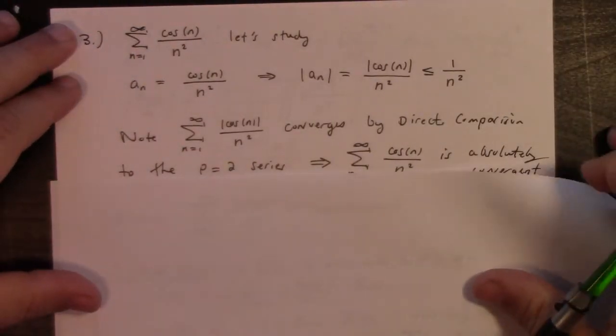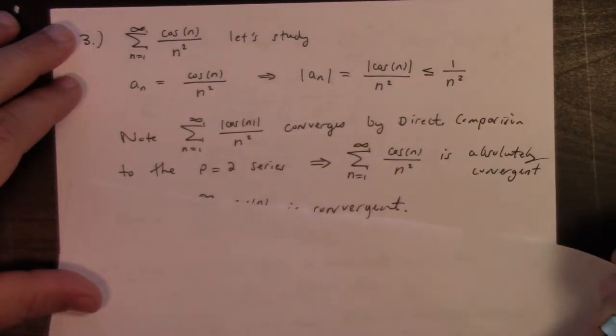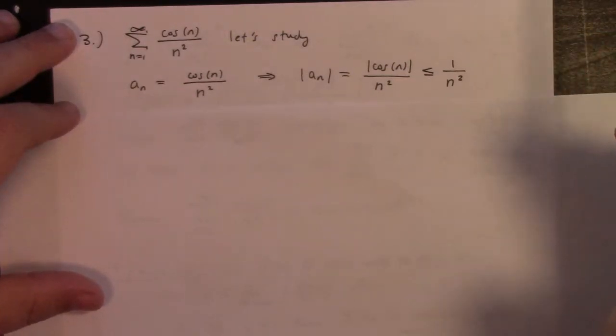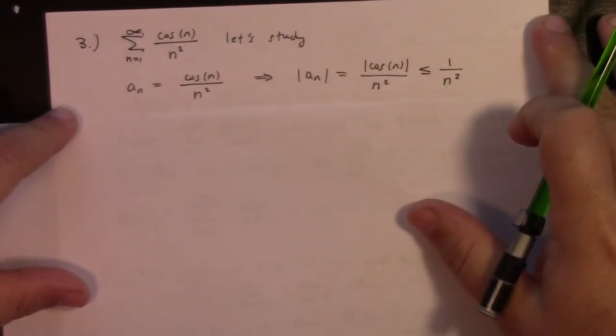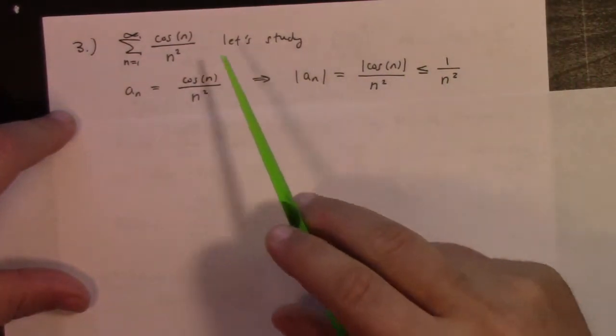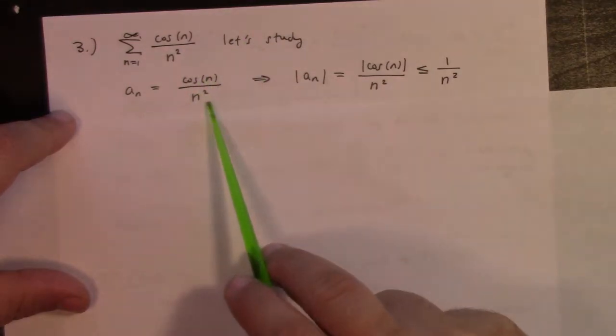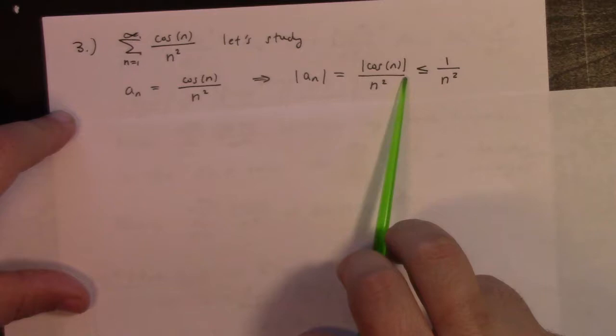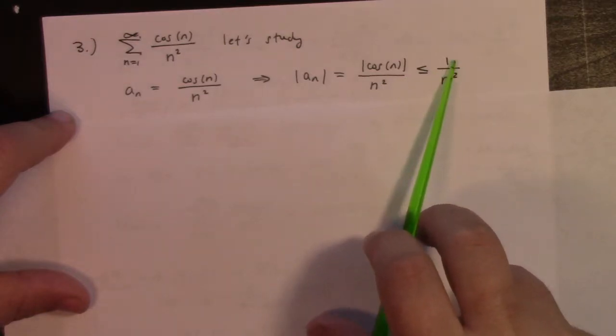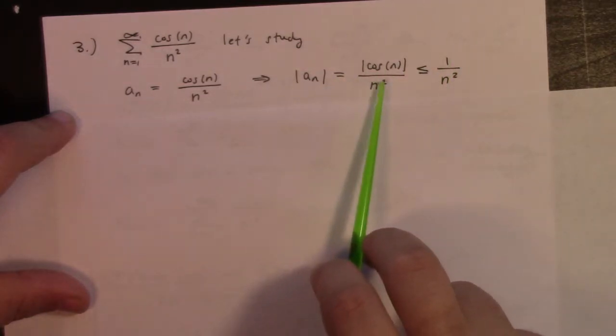All right. Here's one where we actually put this idea into play. So here it is. If we're looking at cosine n over n squared, we can notice that the absolute value of this series, right, is bounded above by 1 over n squared, term by term, right?